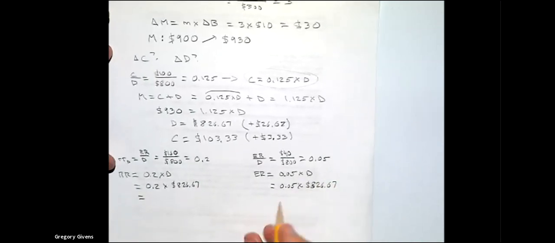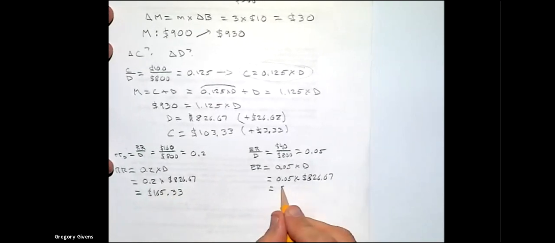And so the new value of required reserves and excess reserves, if we plug this into a calculator, would be 165.33 billion for required reserves and 41.33 billion for excess reserves.